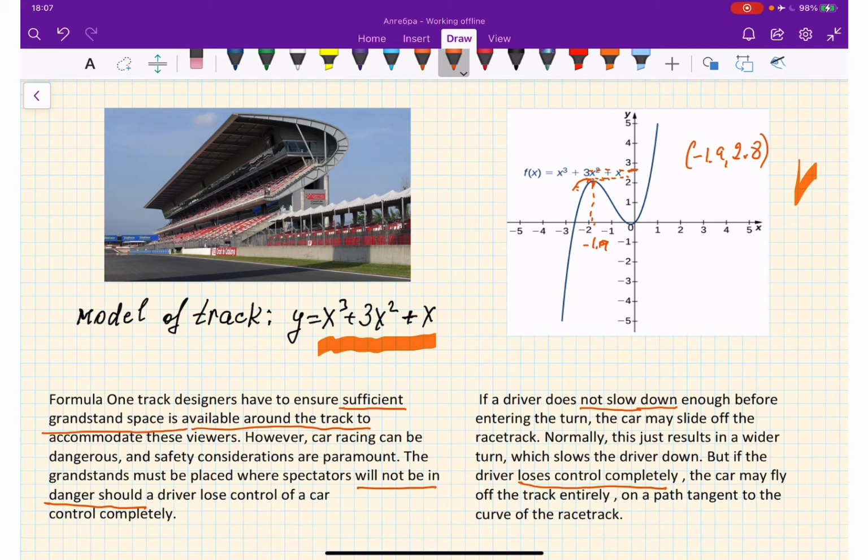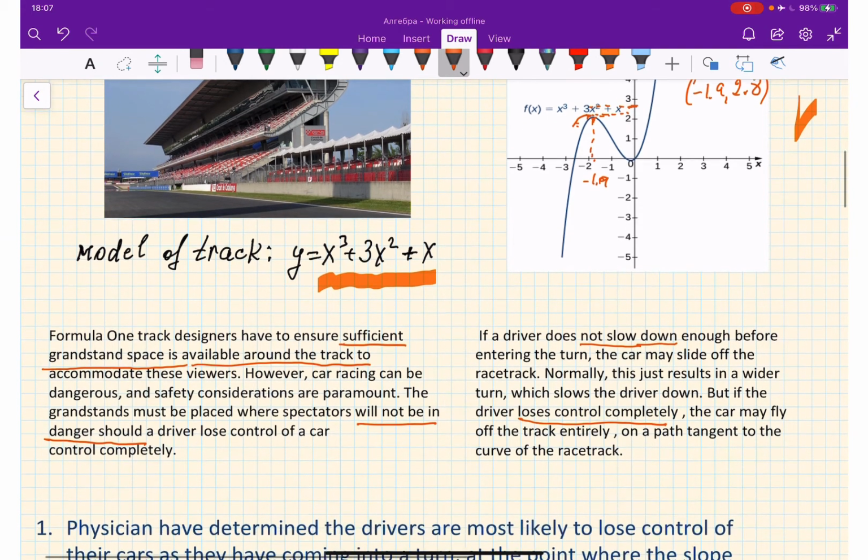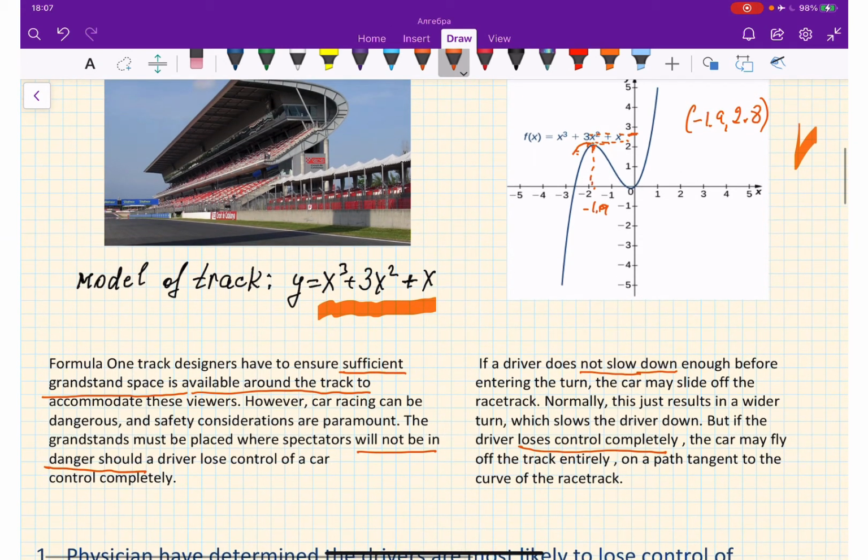Okay, so we are going to figure out what speed, instantaneous speed, acceleration, how to calculate to figure out if it's going to fly, at what speed it's going to fly off, or at what speed it's going to safely turn the curve to the right, instead of flying to the moon.